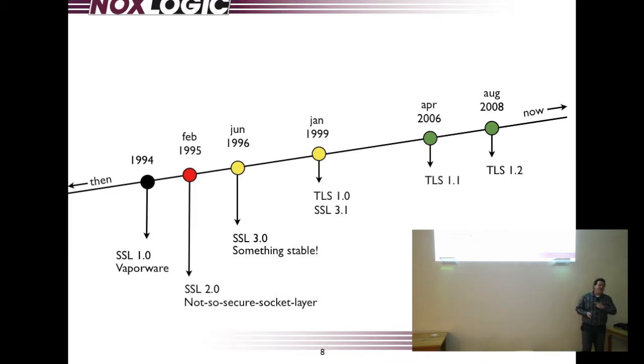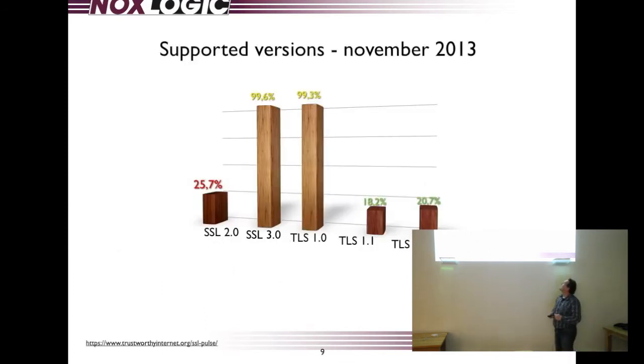This is the scary part, because these are the current versions that are really live on the internet right now, from November 2003. It's taken from trustworthyinternet.org, so that must be true. But I believe them. Maybe the numbers are slightly off, but this is close.